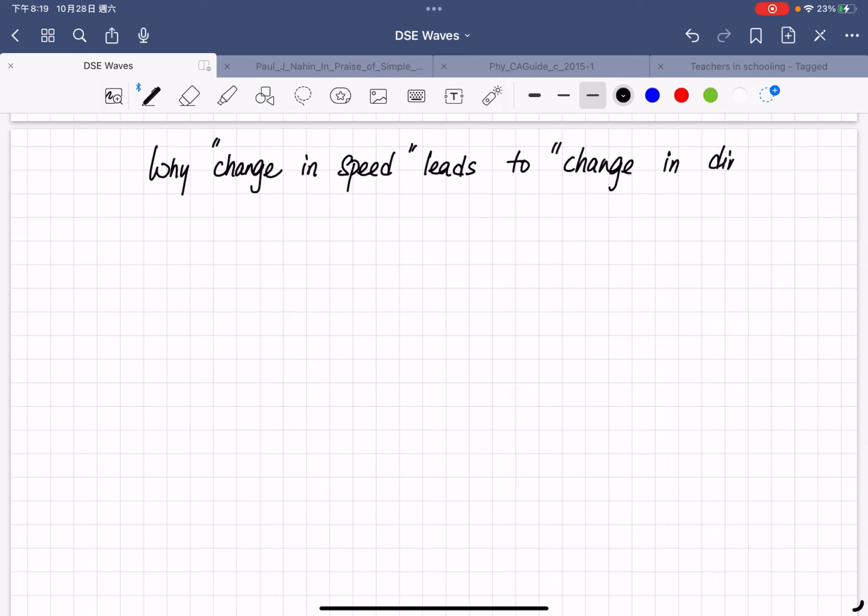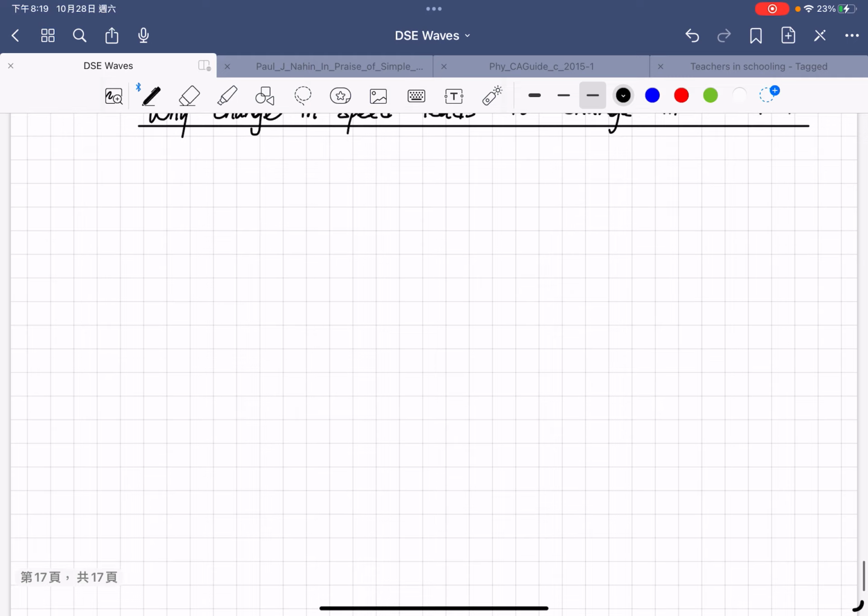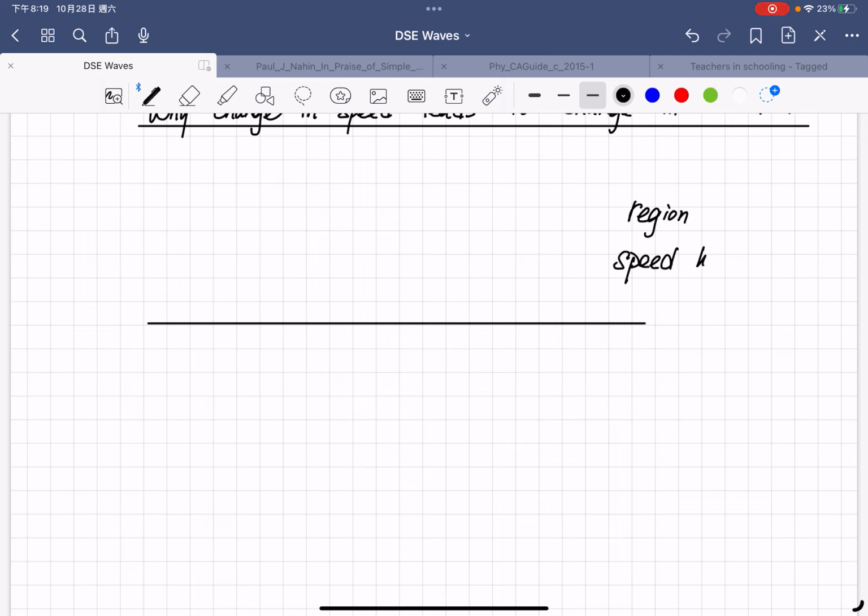It turns out that we can have a metaphor that helps us understand it. The metaphor is the following. Let's say I have two regions. The upper region here is the region where I can travel faster, where the wave speed is higher.